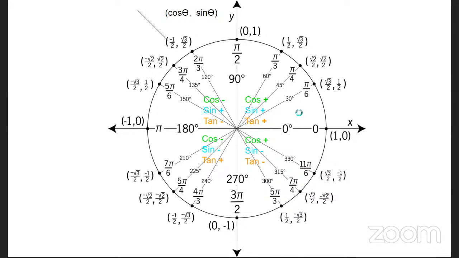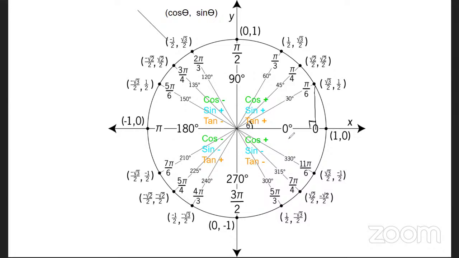Thinking about it in terms of triangles, say we have a triangle here. Let's see if I can draw that a little bit straighter. We have a triangle right here, a right triangle. Here we have an angle that's theta. It happens to be 30 degrees, or pi over 6 radians.